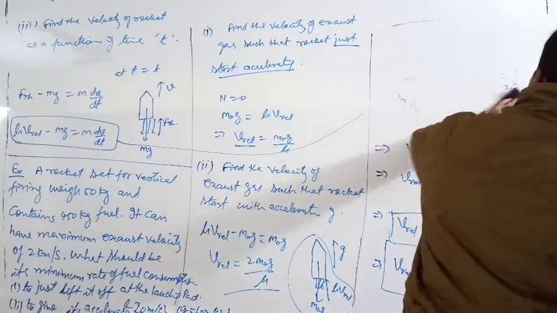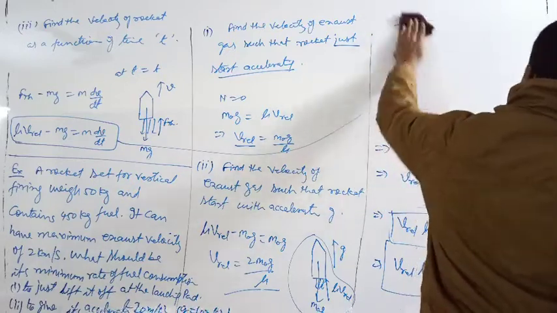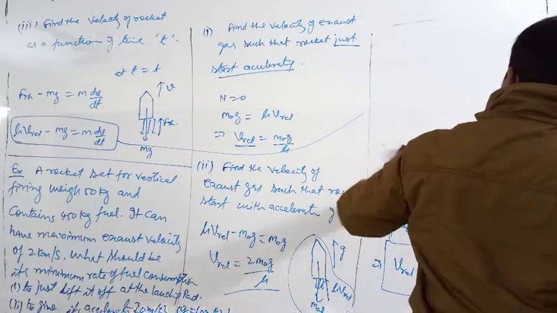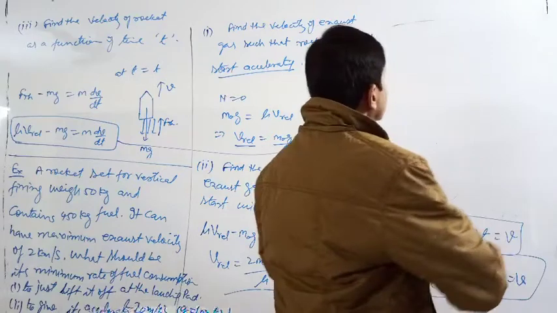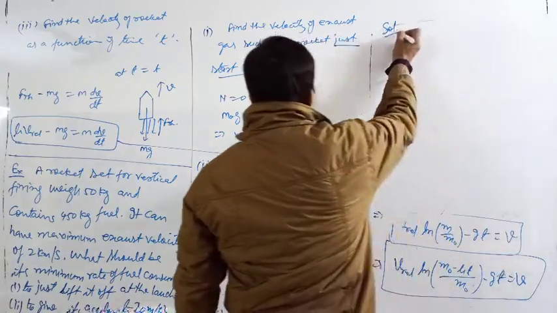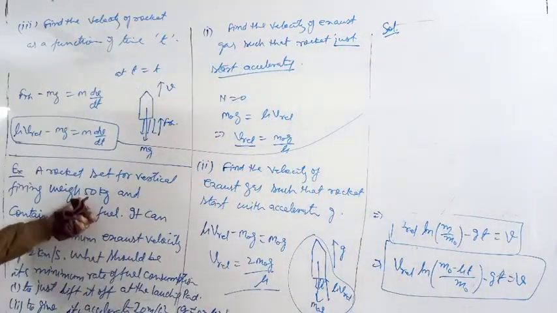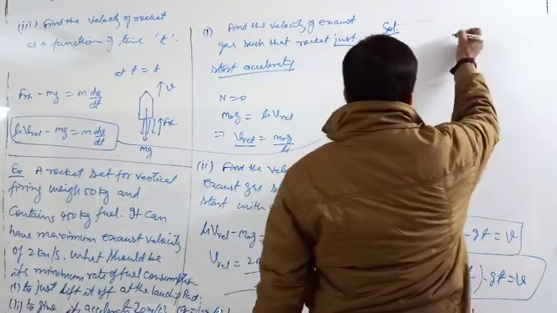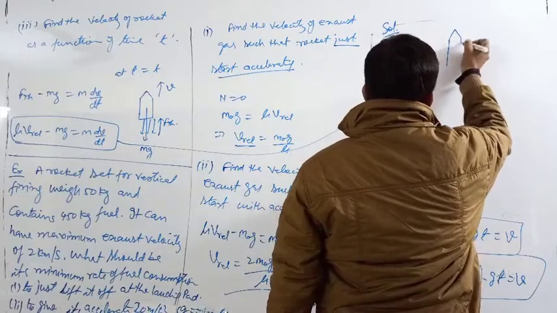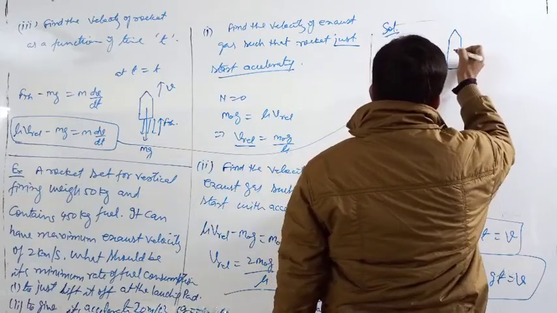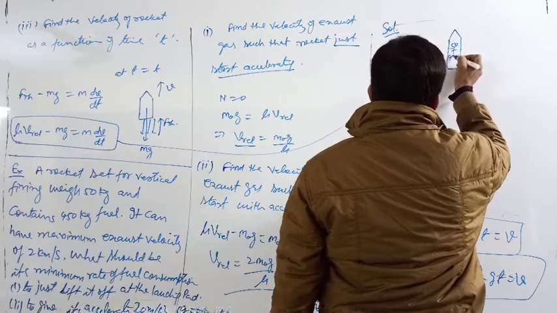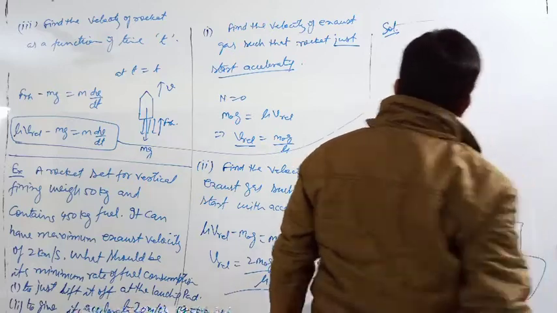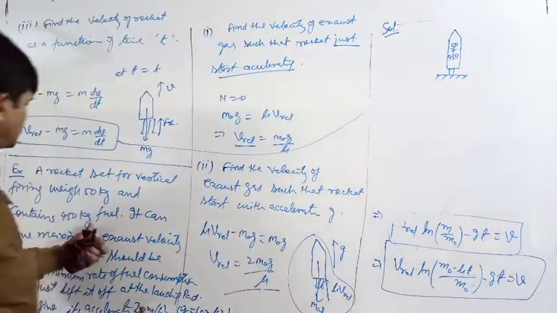The main point is making the equation, just the laws of motion equation. First, rocket mass 50 kg and 450 kg fuel. So this is your rocket including fuel, total mass of 500 kg.